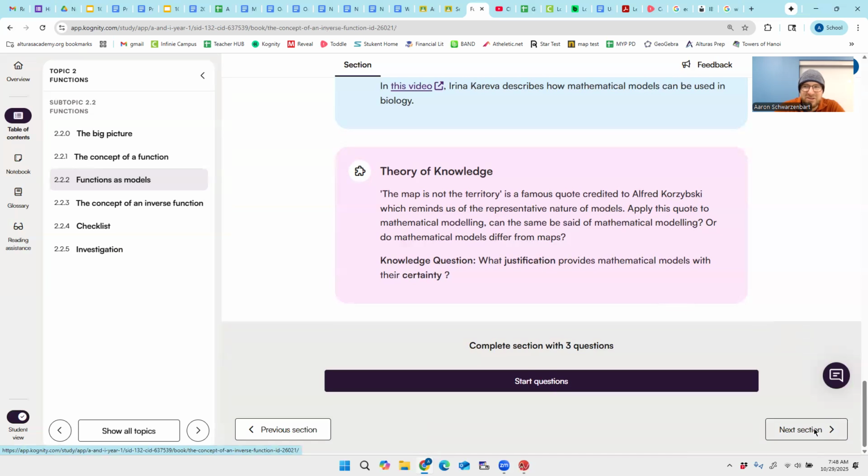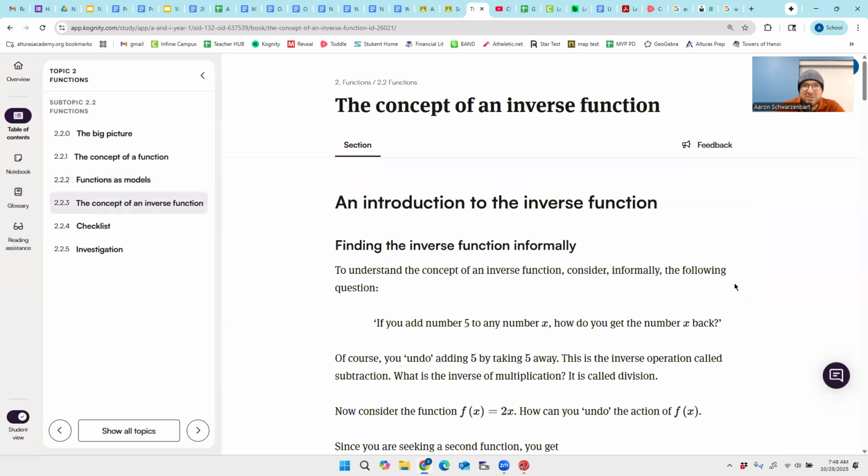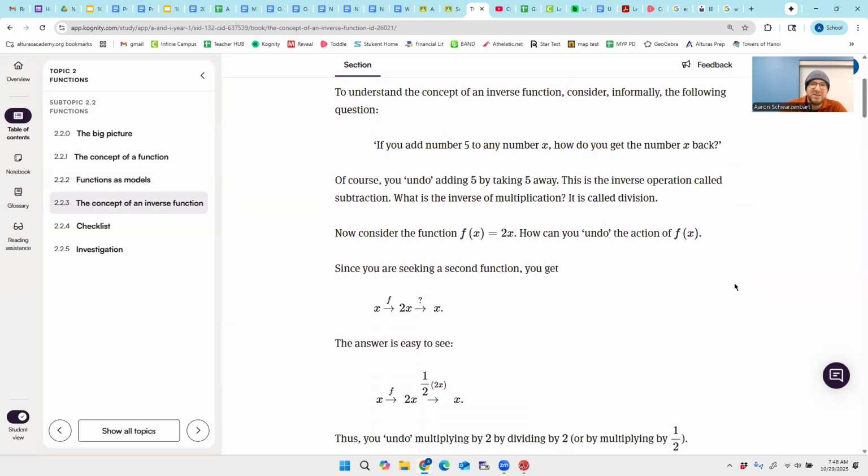Okay, last thing we're going to do is inverse functions. Inverses undo. It's an important concept. Informally, the key to inverses. Let's take this particular function. I usually call it y because it's easier. The key to inverses is switch y and x.